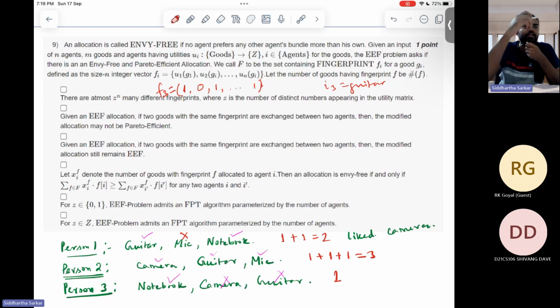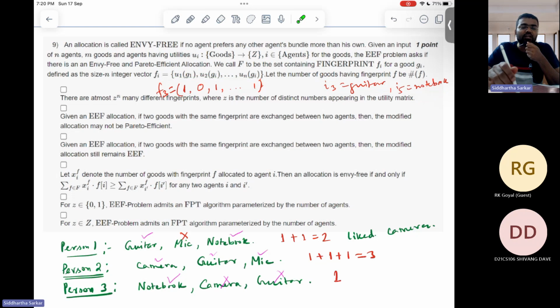The number of goods having fingerprint f is denoted by hash f. If there is another item, let us say item 5, the notebook, and exactly the same set of people who like the guitar also like the notebook, then the fingerprint for the notebook will be identical to the fingerprint of the guitar.